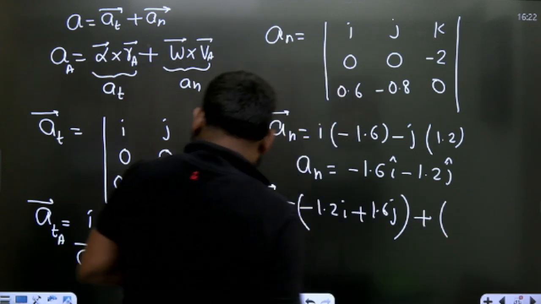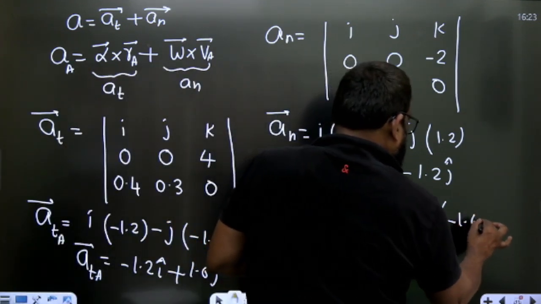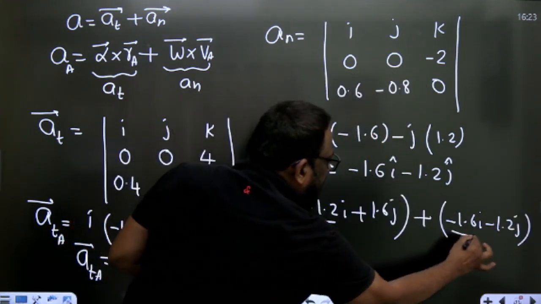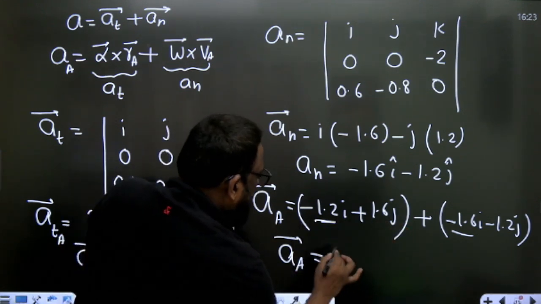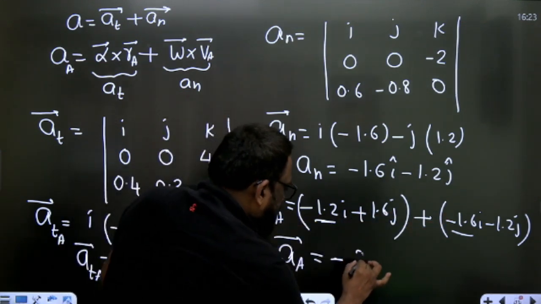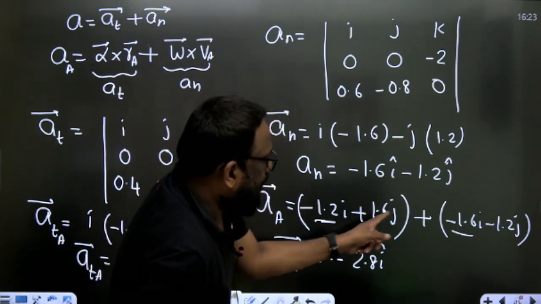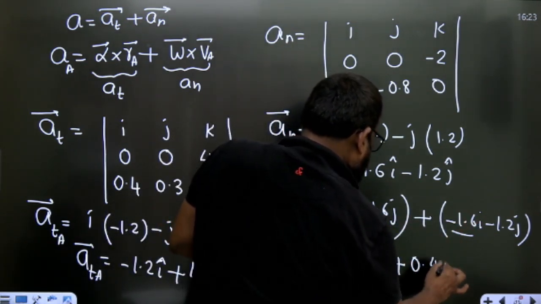Plus normal, which is minus 1.6 i minus 1.2 j. For i, you are getting minus 1.2 minus 1.6, which is minus 2.8 i. For j, 1.6 minus 1.2 is 0.4, so 0.4 j cap.